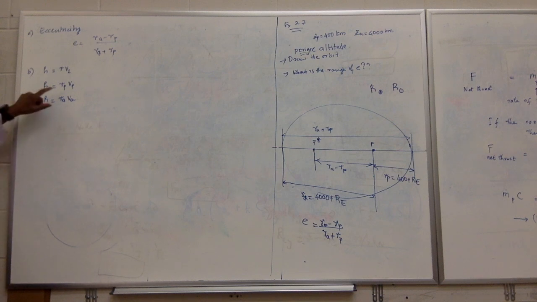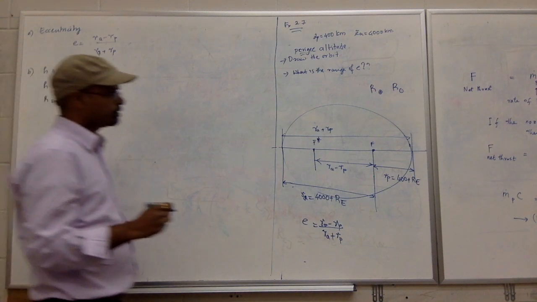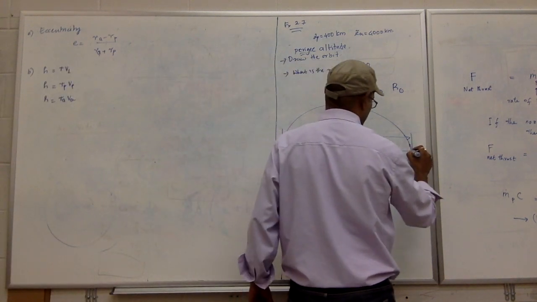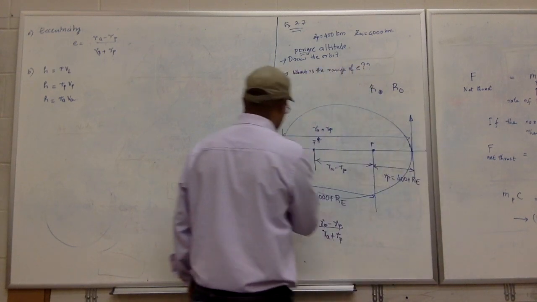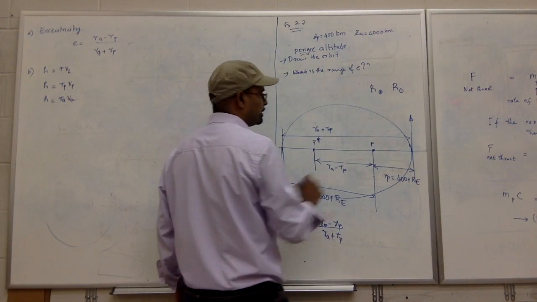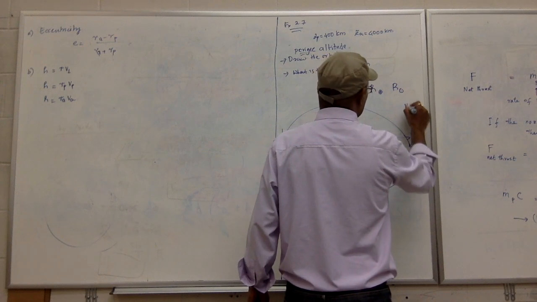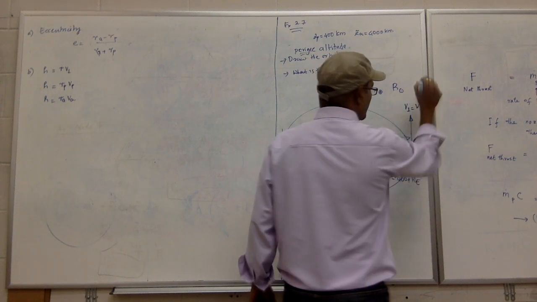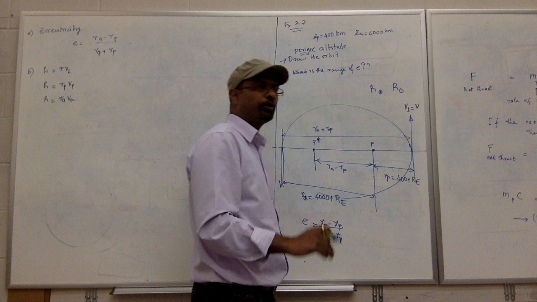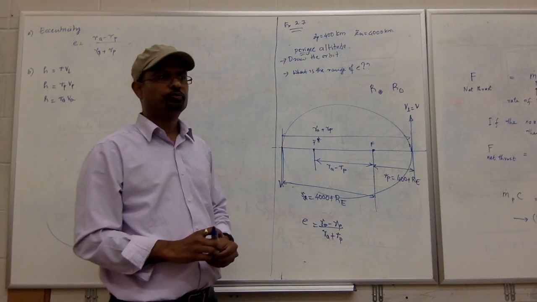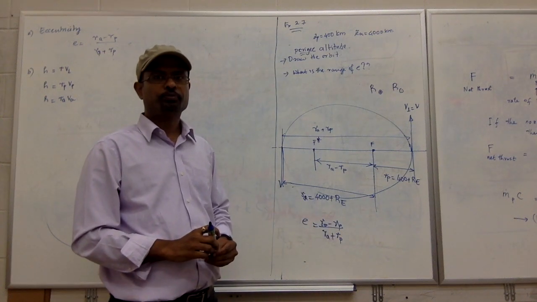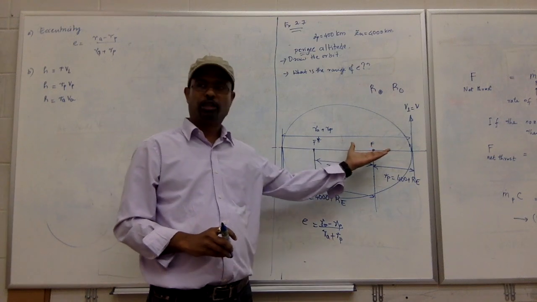We have talked about this: at perigee and at apogee, V perpendicular is simply the velocity. The radial component is 0. This is for an elliptical orbit.